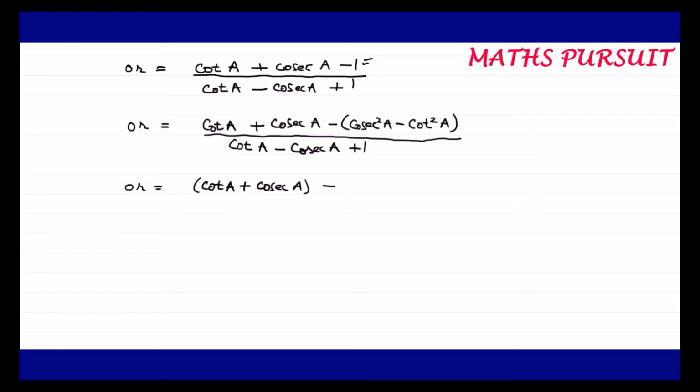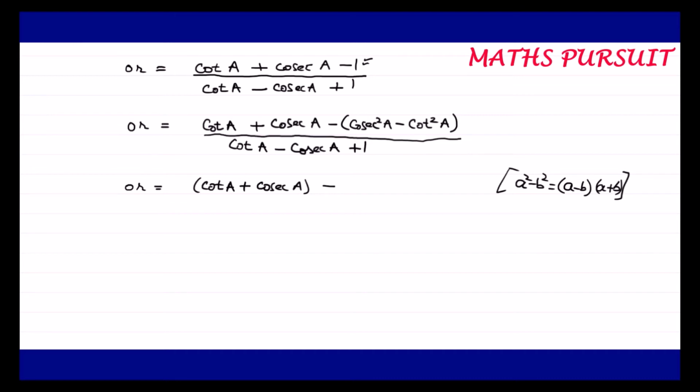A square minus B square. So I will put it in the formula like A square minus B square. A square minus B square is nothing but A minus B into A plus B. That is the identity I am going to use here to solve this one.